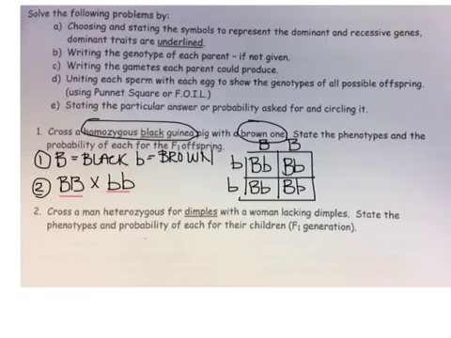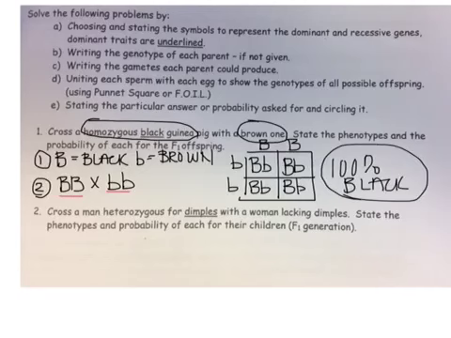Now we need to read the question, so that way we can answer it correctly. It says, state the phenotypes and the probability of each for the F1 offspring. The F1 offspring just means the first generation, and the first generation is what is here in your Punnett square. So we look, and they just want phenotypes. So based on that, I have 100% black. Circle that. That's your final answer.